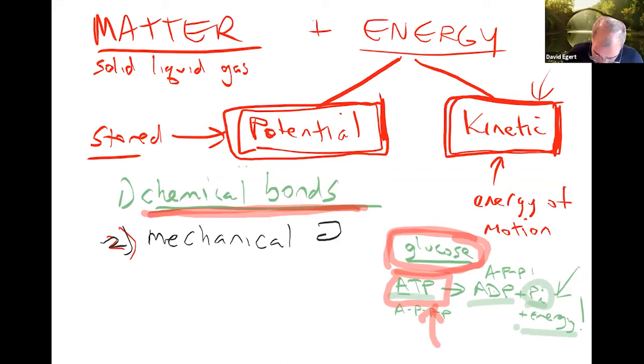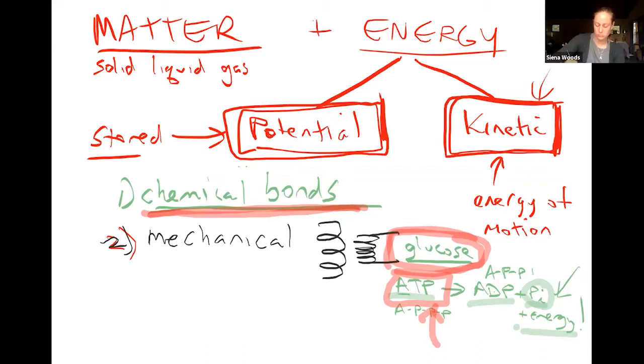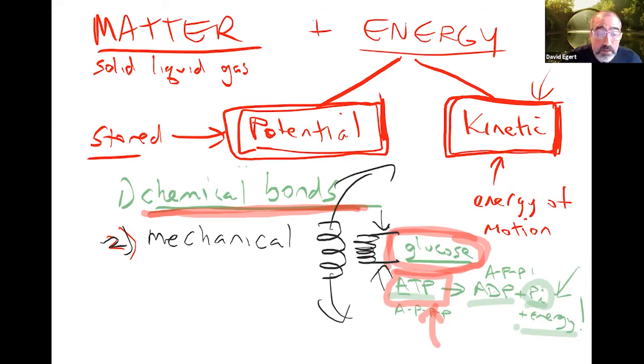You take a spring and you squish it, but you hold it so it can't move. It's not going anywhere, but there's a lot of energy in that compressed spring. And when you let go of it, boing, it flies up and does something, right? Everybody's probably experienced a spring in their life.